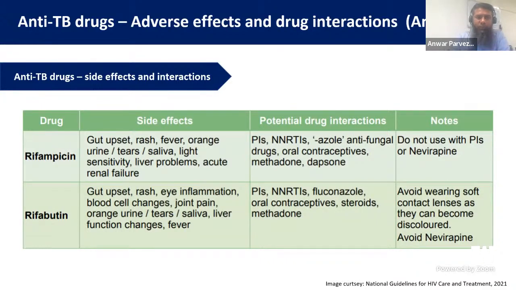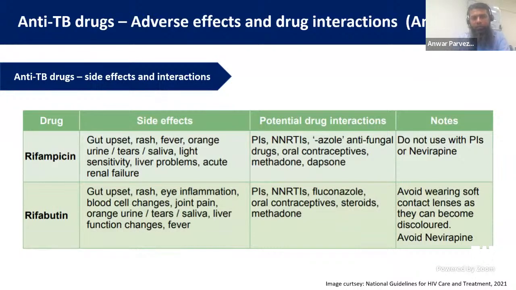Now, this is the most important drug, I guess, in anti-TB treatment, rifampicin, and it may interact with the other drugs which we use for HIV positives, like protease inhibitors, NNRTIs, and also antifungal drugs. So rifampicin interacts with these a lot due to cytochrome P450 enzyme system activation.